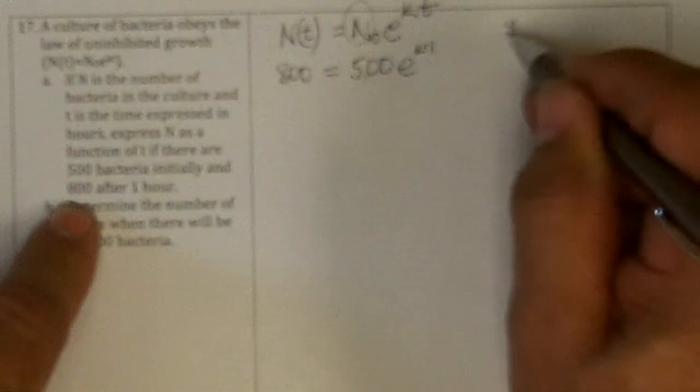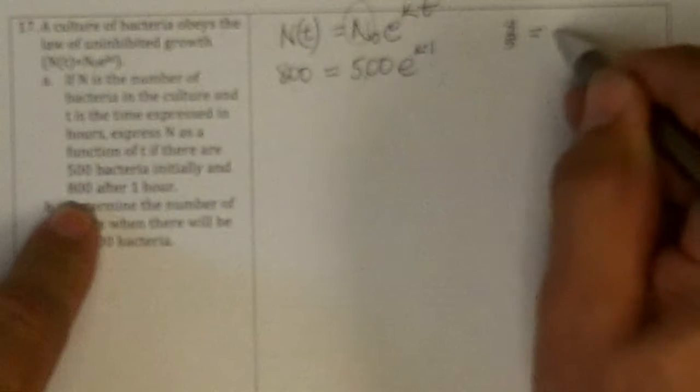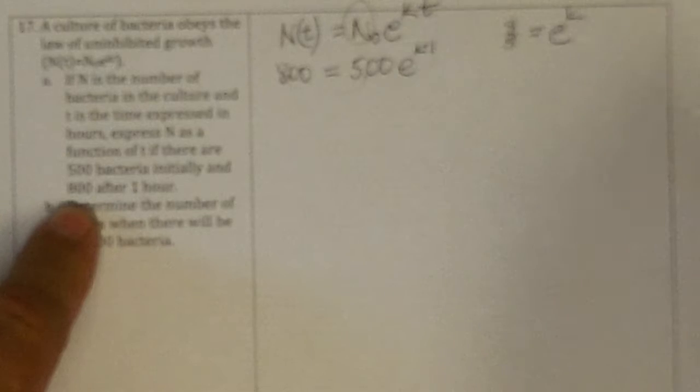So divide by 500 and we get 8/5 equals e to the k.